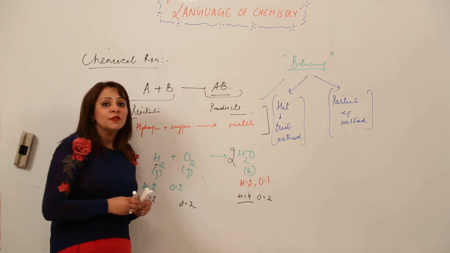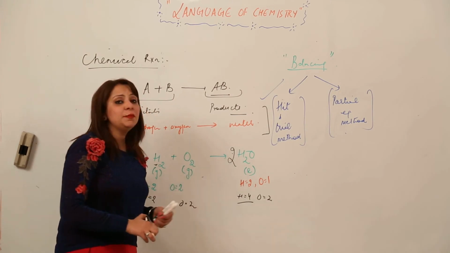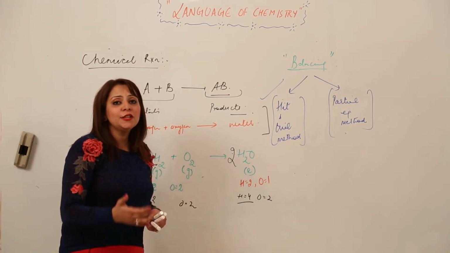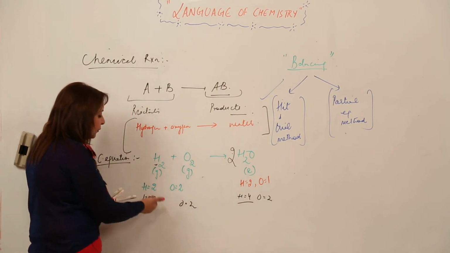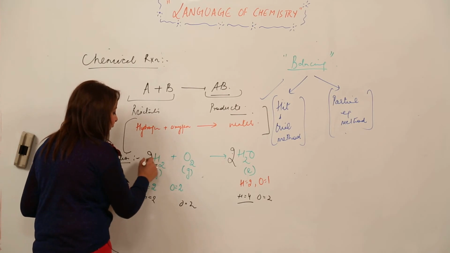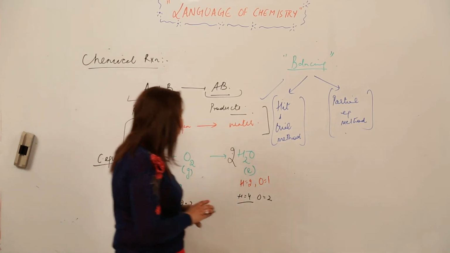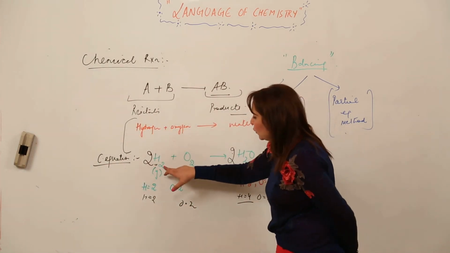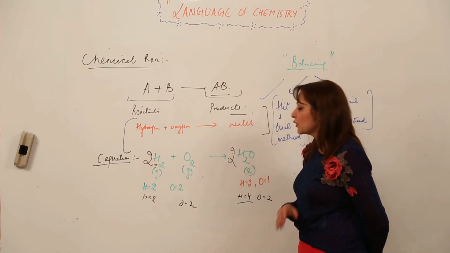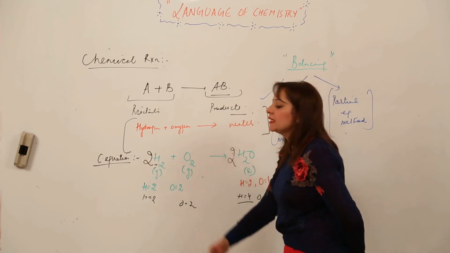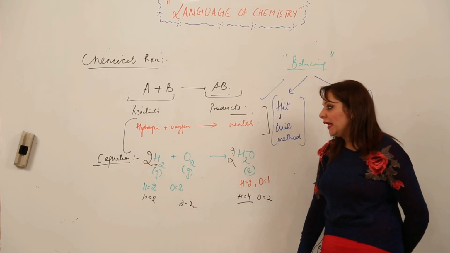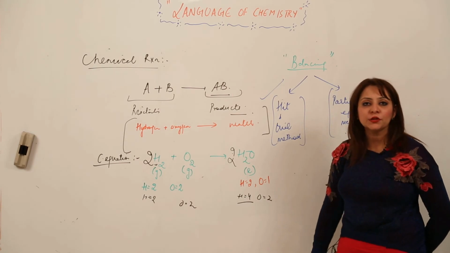So while balancing oxygen, the hydrogen became unbalanced. So you need to balance the hydrogen as well. So how can you make it 4? We can make it 4 by just multiplying with 2. Now again I am checking it. 4 hydrogen, 4 hydrogen, balanced. 2 oxygen, 2 oxygen, that means balanced. So this is the hit and trial method to balance a chemical reaction, right?